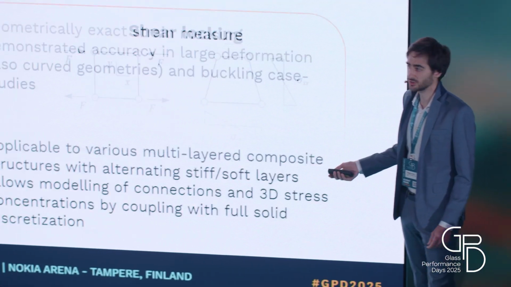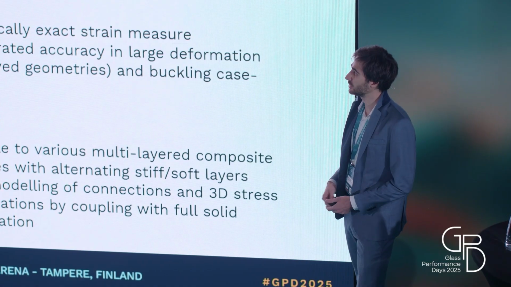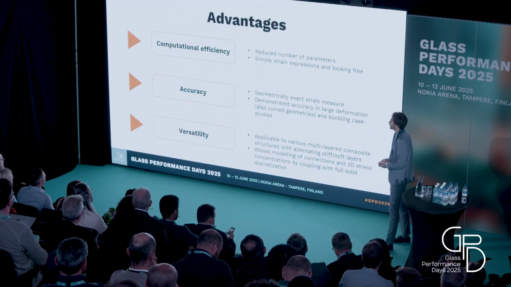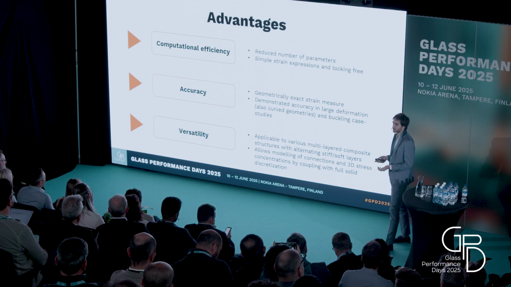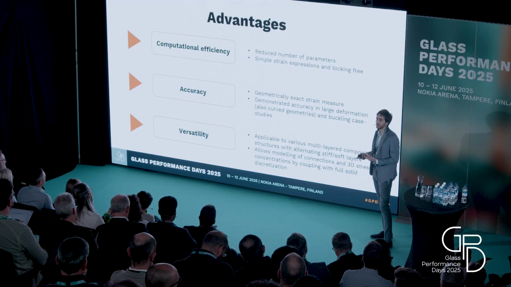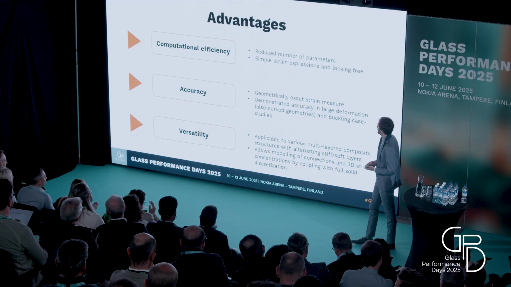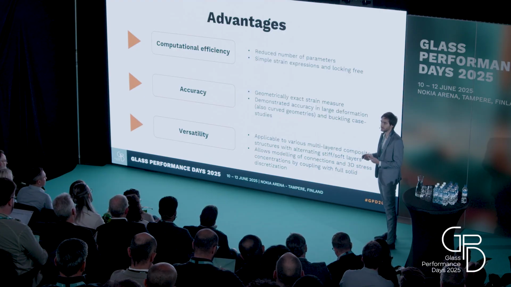The advantages of this model are that it's computationally efficient, with a number of parameters that is much more limited than fully 3D models. We have a simple strain expression that we can evaluate very efficiently with few matrix multiplications.